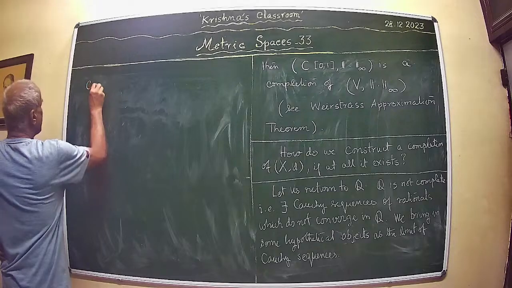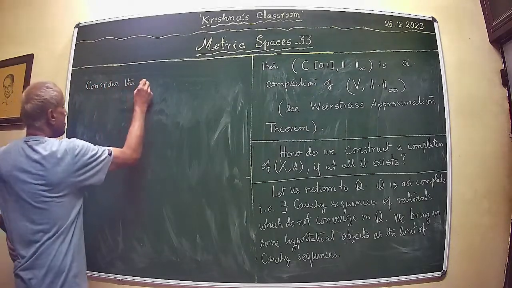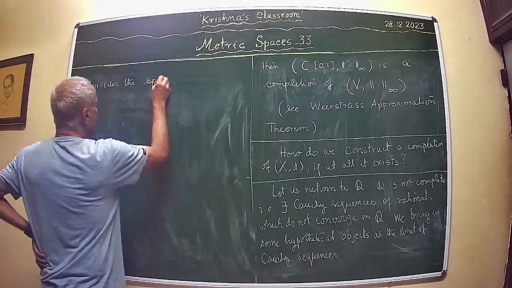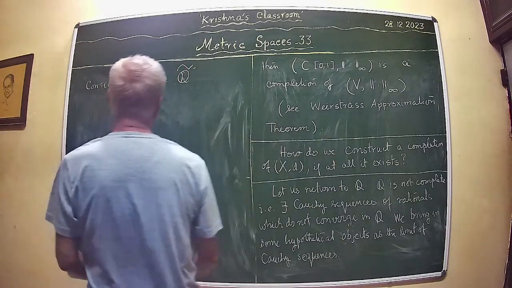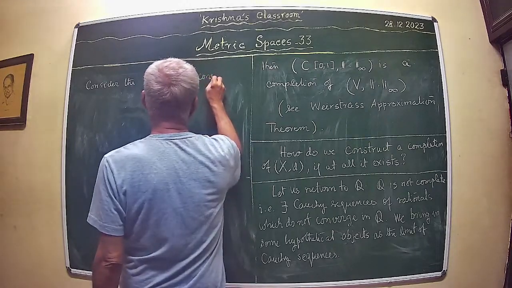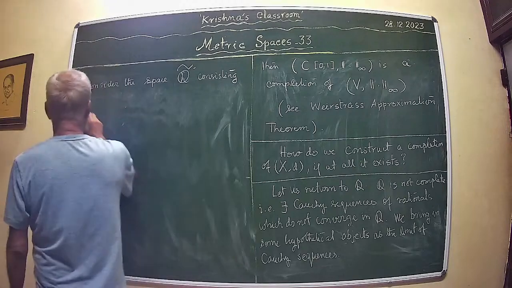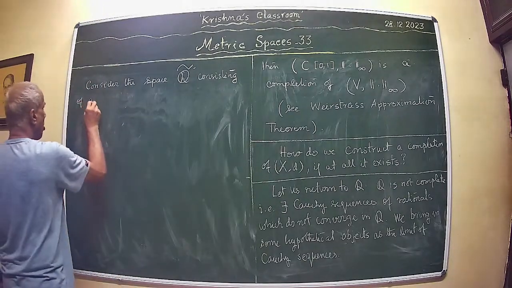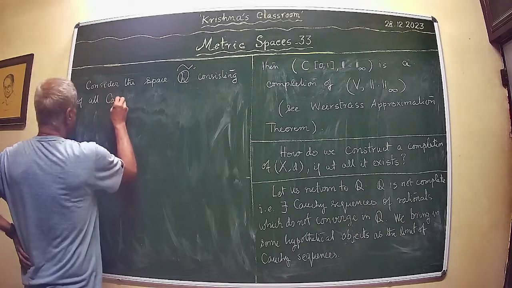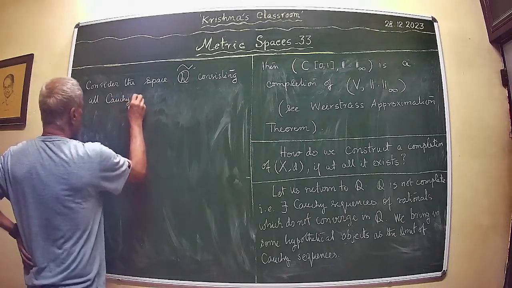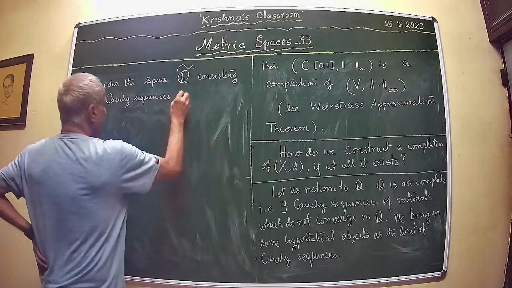Consider Q tilde consisting of all Cauchy sequences of rationals.